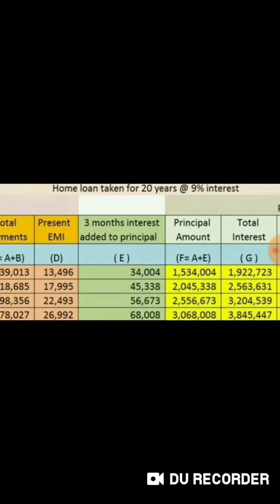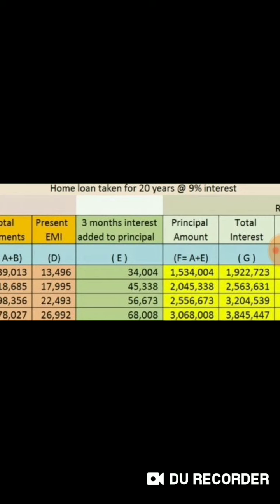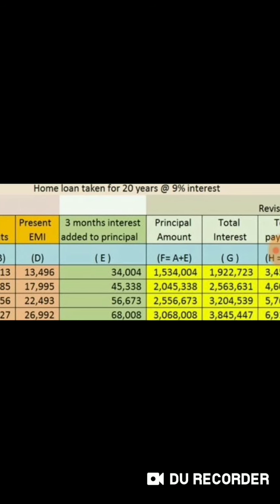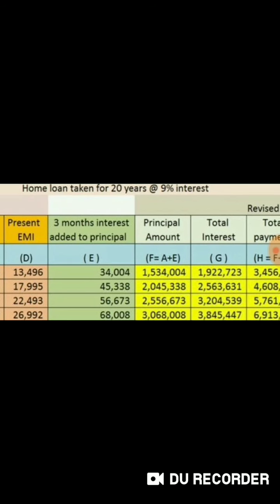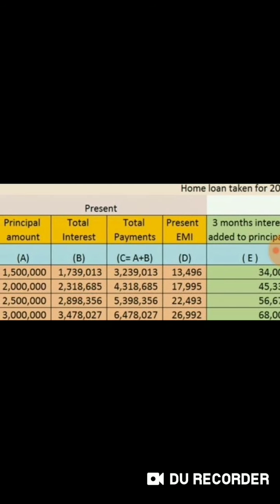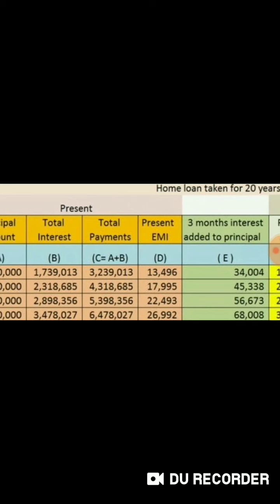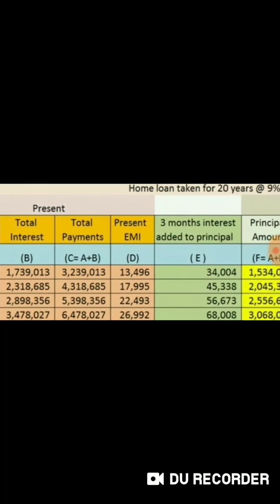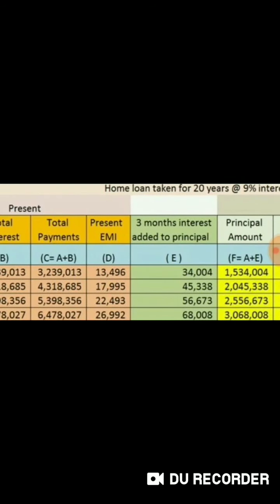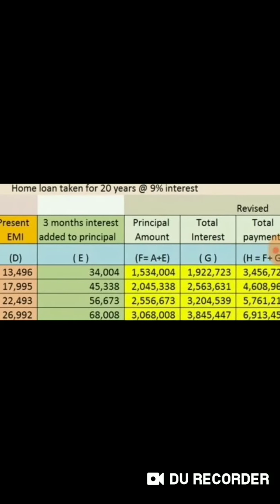The 3 months' interest is added to the principal. Whatever interest you are not paying for these 3 months will be added to the principal. Suppose that before the moratorium the principal amount is 15 lakh. For those 3 months you are not paying the interest, and that interest is added to your principal amount.